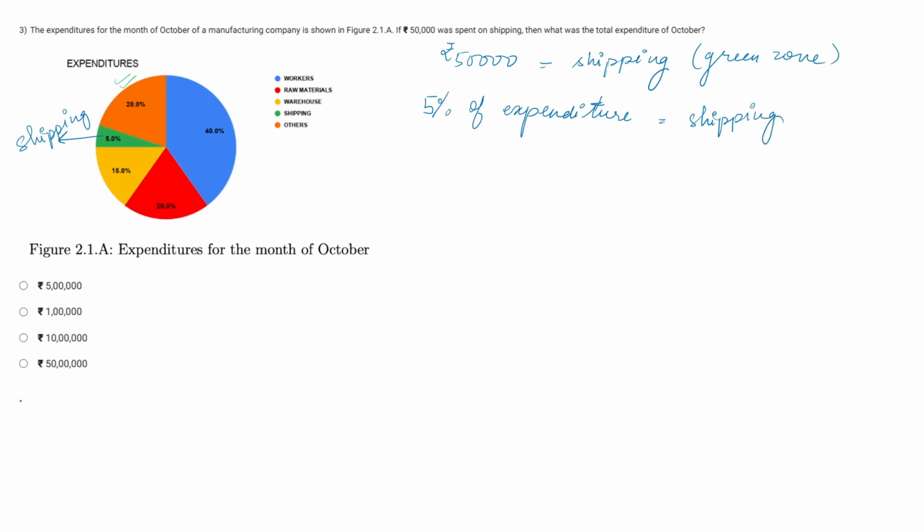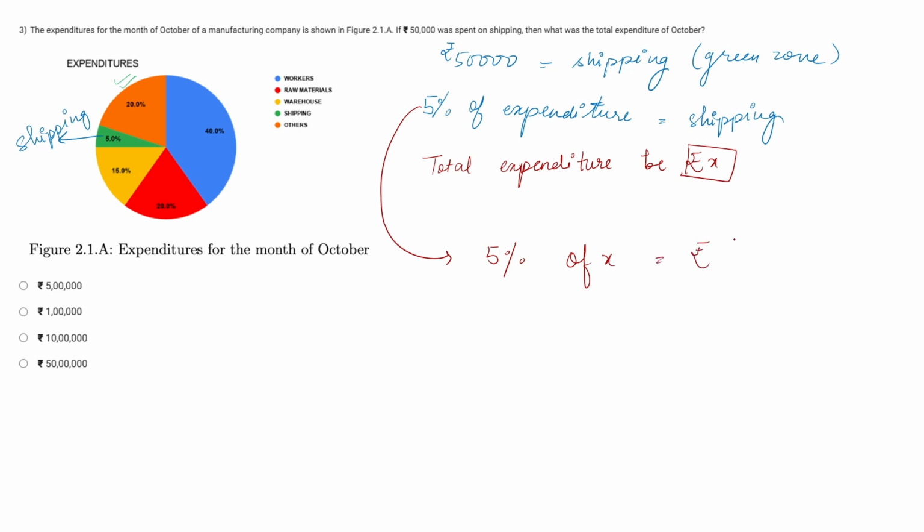So now let's suppose the total expenditure be X rupees. Now if we see according to this unit, 5% of X is equal to rupees 50,000. So now we will solve this.